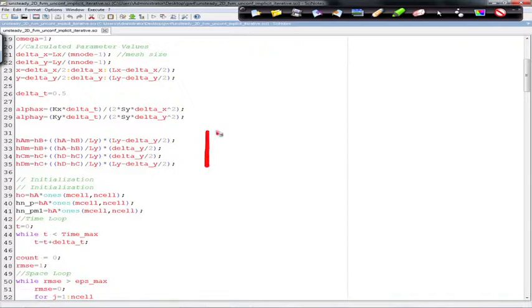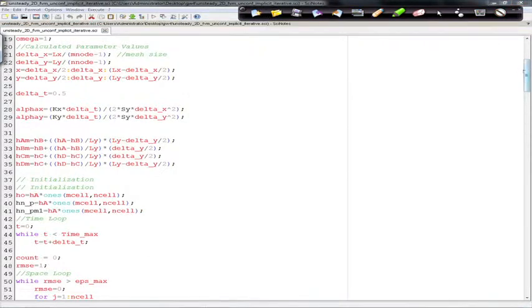These are the values directly coming from here. Now, HO is the old time level, H and P is for the pth iteration, and this is H and P minus 1, the P minus 1 level.